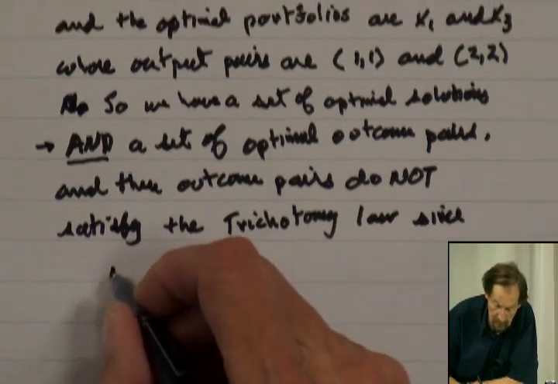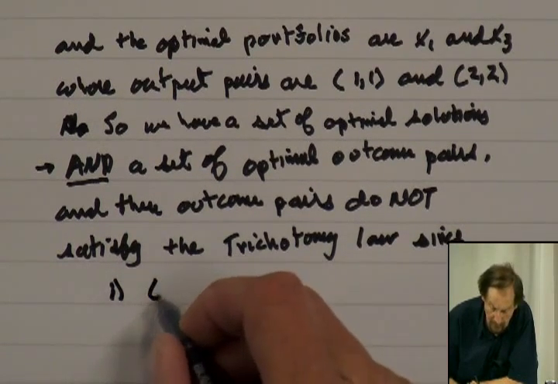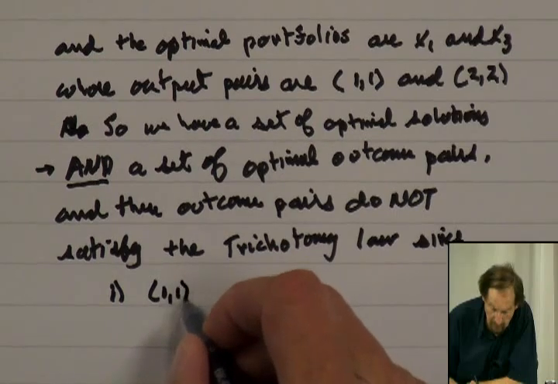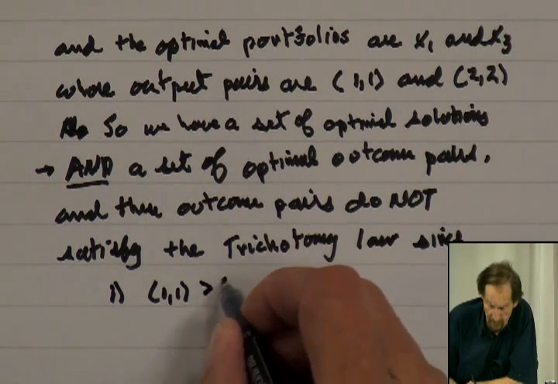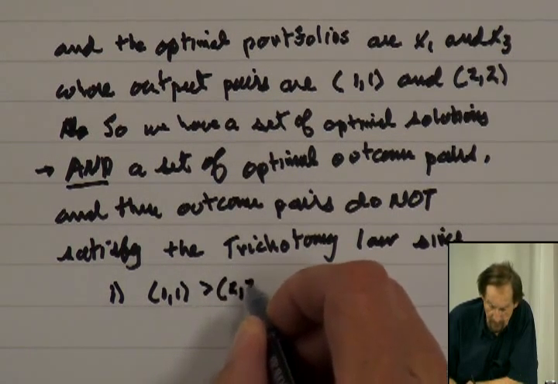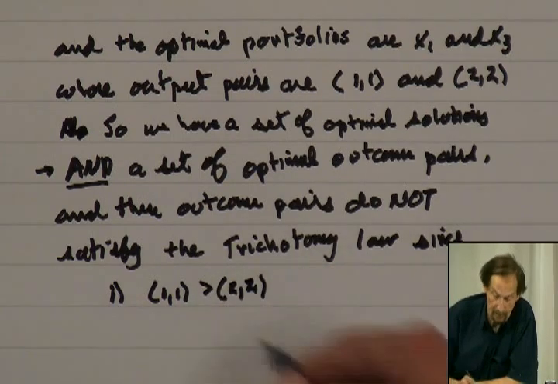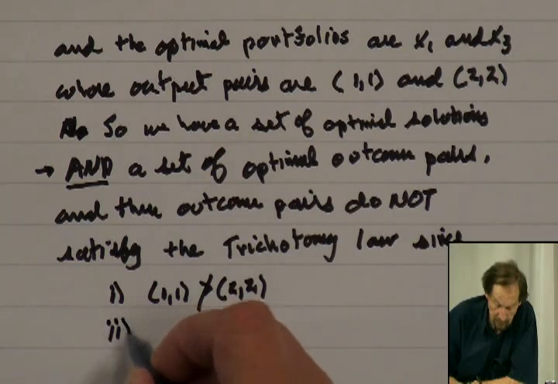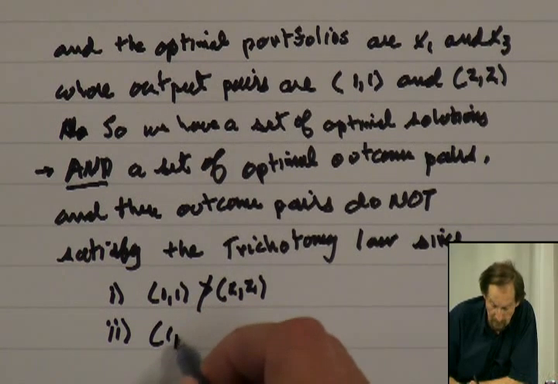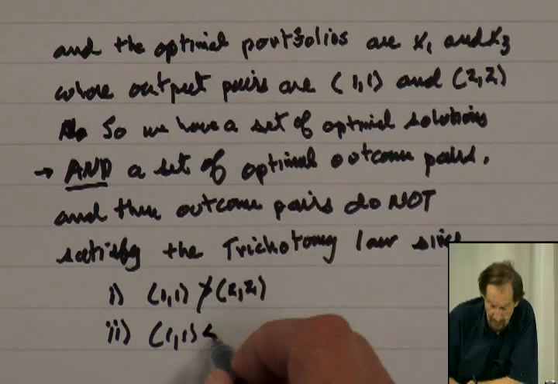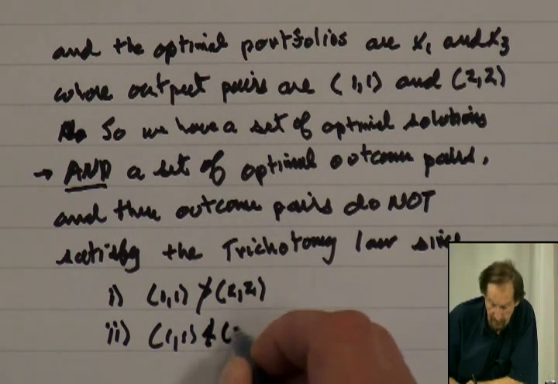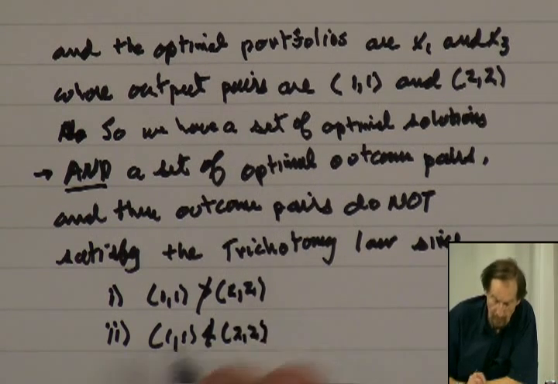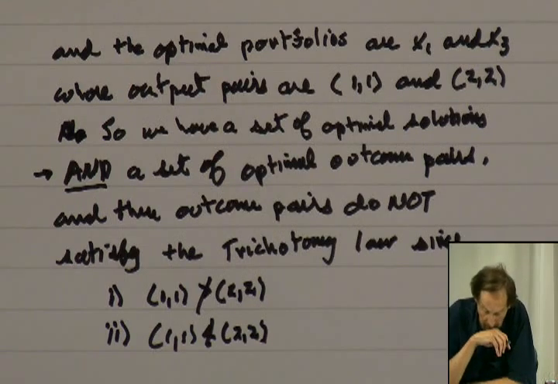Since 1, 1 is not greater than 2, 2, it's not clearly better than 2, 2. 1, 1 is not less than 2, 2. Remember here, we're minimizing one and maximizing the other.